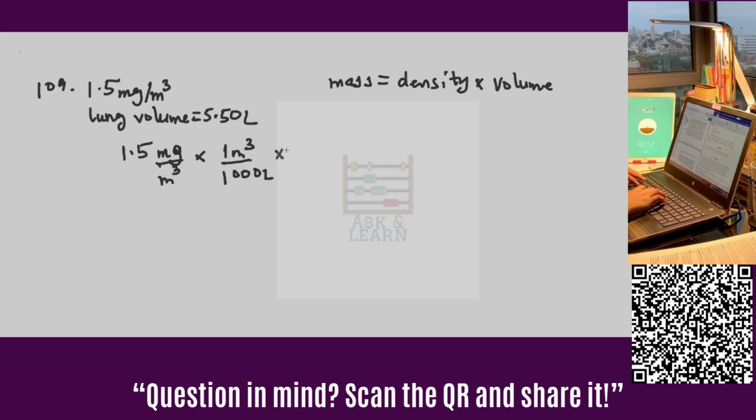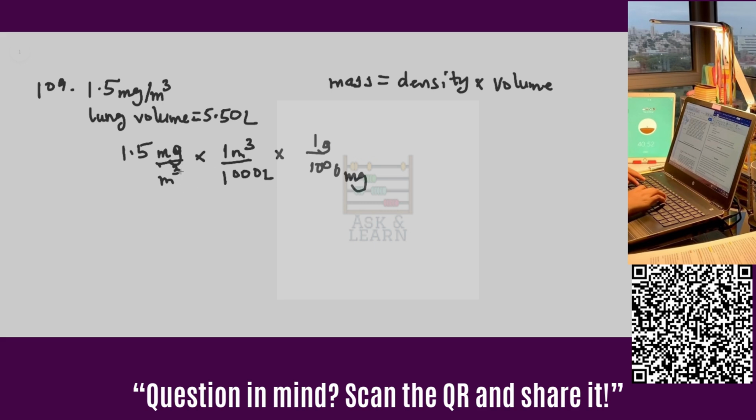We should also note that 1,000 milligrams is a gram, so we have 1 gram over 1,000 milligrams.